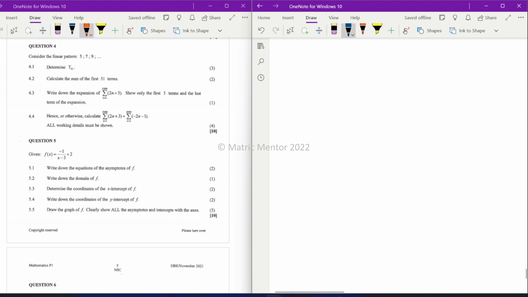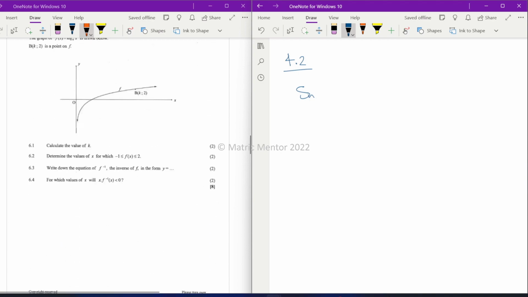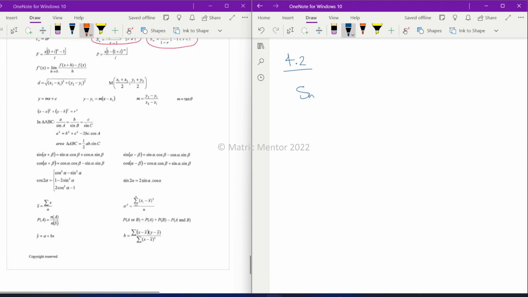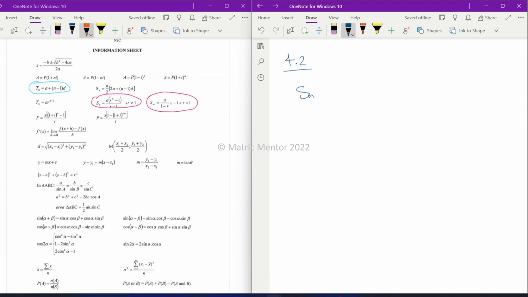Let's move on to question 4.2. Question 4.2 asks, calculate the sum of the first 51 terms. For an arithmetic series, to get the sum, we will use the equation given to us in our formula sheet for arithmetic patterns or series.